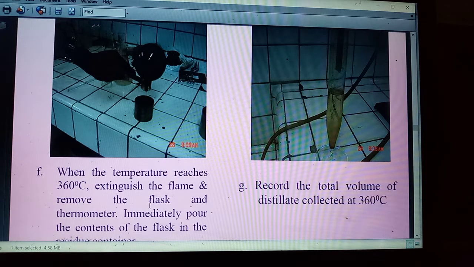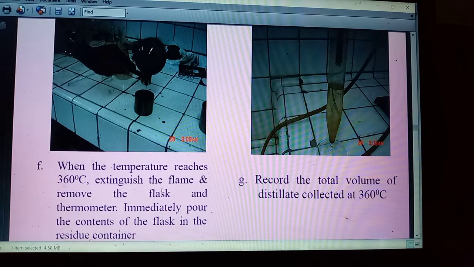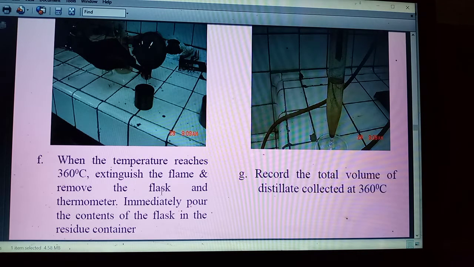Extinguish. Ibig sabihin, patayin mo na yung apoy, and then i-remove mo na yung flask at saka yung thermometer. Malaman mo yung temperature kasi may thermometer naman. Dapat yung thermometer mo, hindi yung thermometer na gamit mo sa body temperature. Baka sumabog yun. Ibang temperature thermometer ang gamit dito kasi pwedeng umabot ng 480 yata, 480 degrees centigrade.